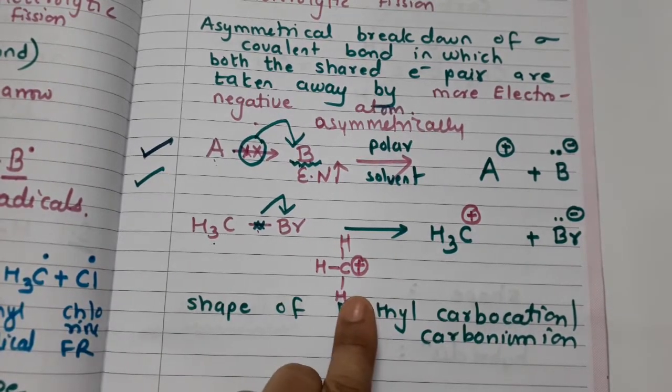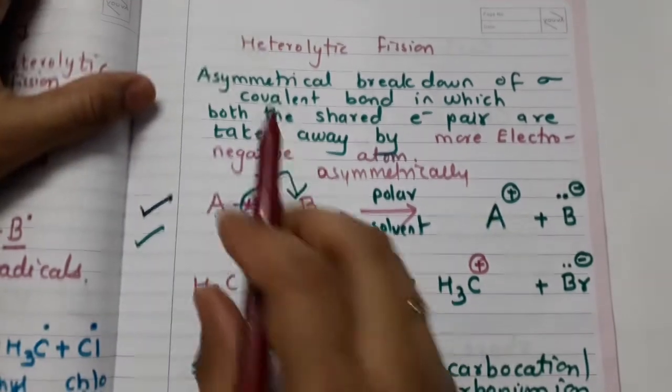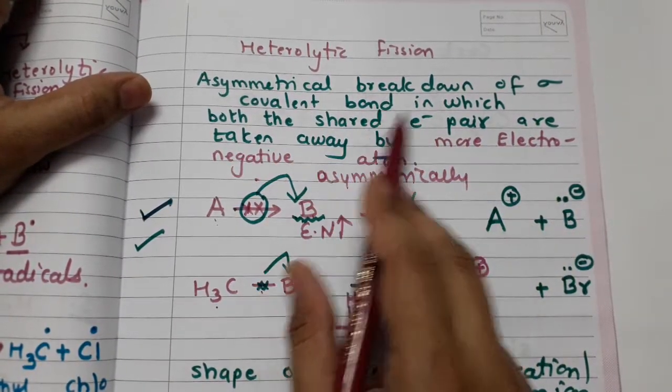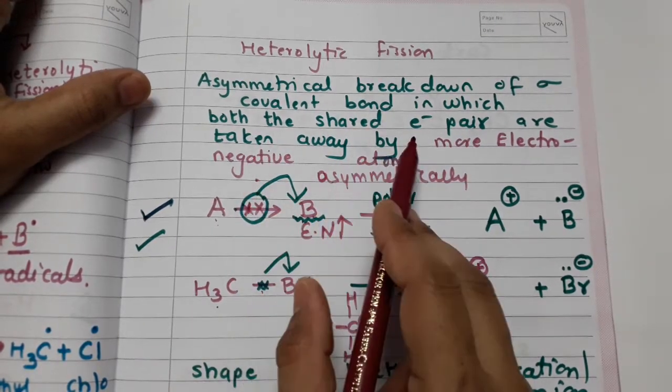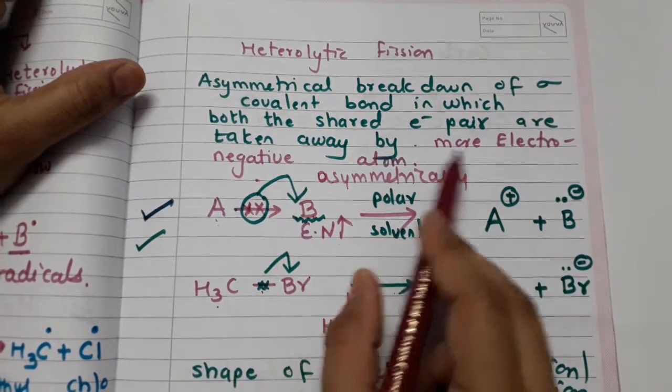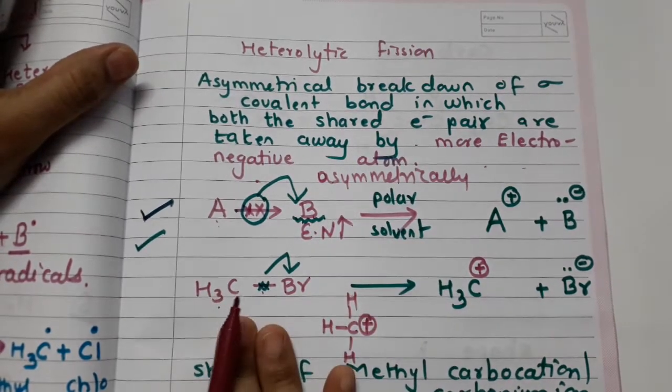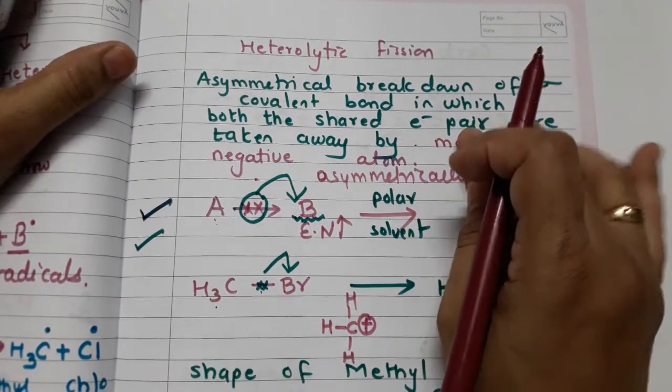Now this is a symmetrical breakdown of a sigma covalent bond in which both the shared electron pair are taken away by the more electronegative atom. So once you look at the reaction, you can remember the definition.